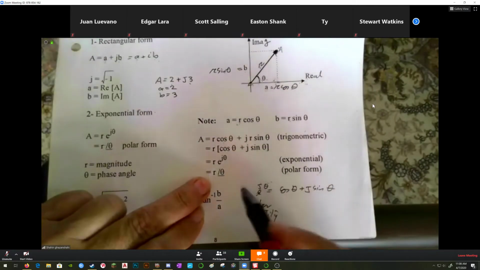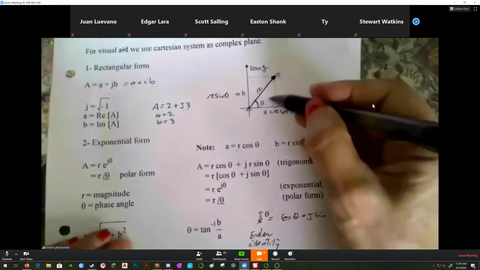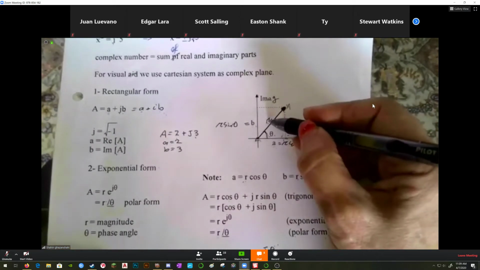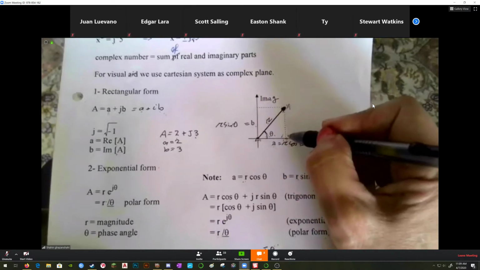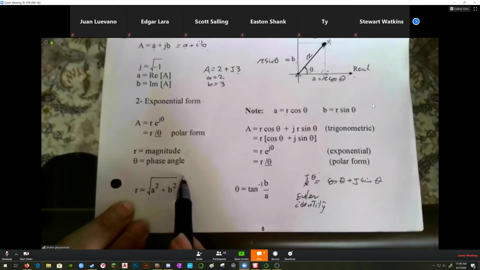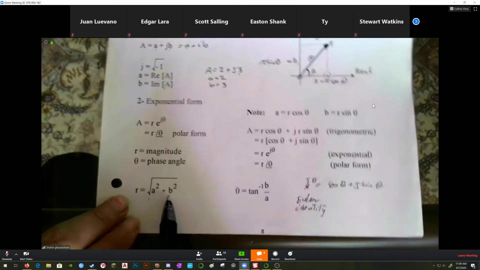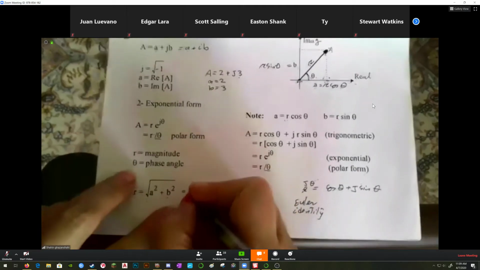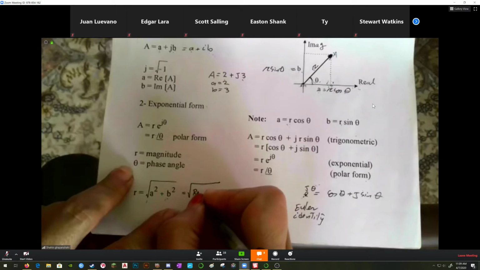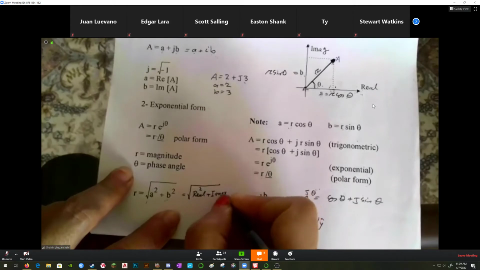Now the question is, how can I get the R and theta in terms of the real A and B? Okay, look into this triangle. Your R square is A square plus what? B square, correct? So your R is just the square root of the square of the real plus the square of the imaginary. Amplitude is the square root of the square of the real part plus the square of the imaginary component.